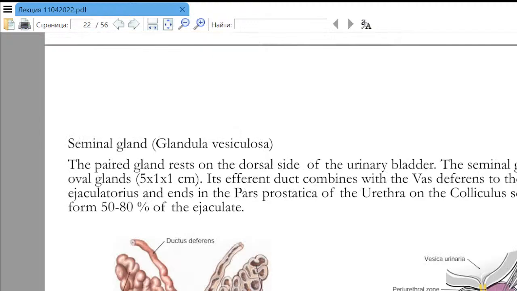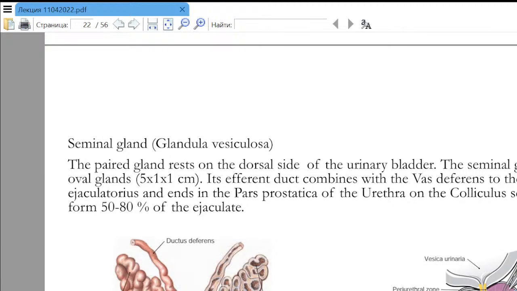Next, the seminal gland, glandula vesiculosa. The paired gland rests on the dorsal side of the urinary bladder. The seminal glands are elongated, oval glands.